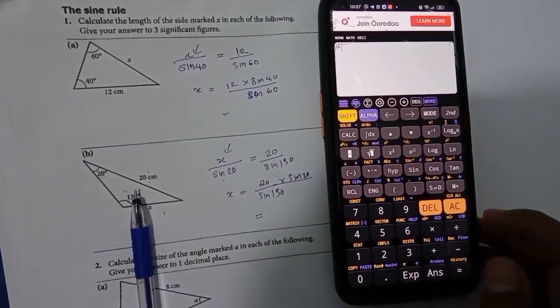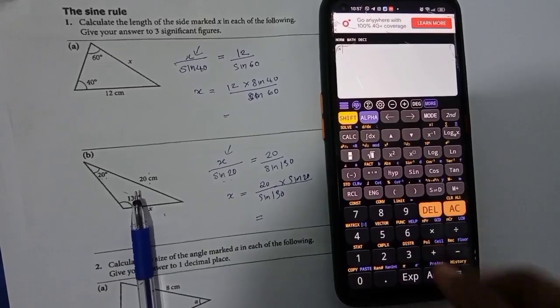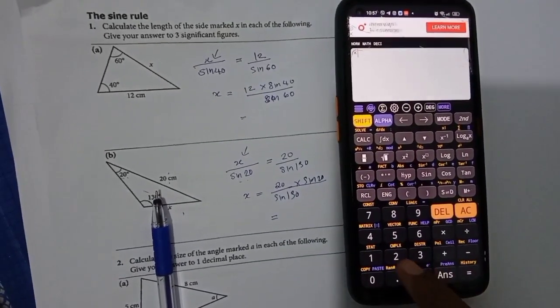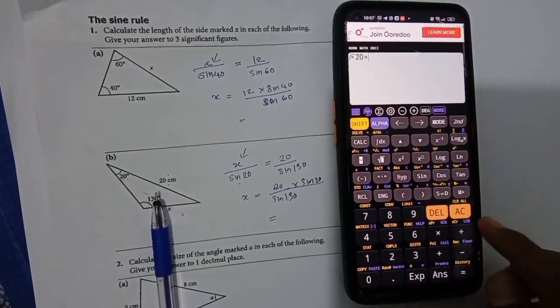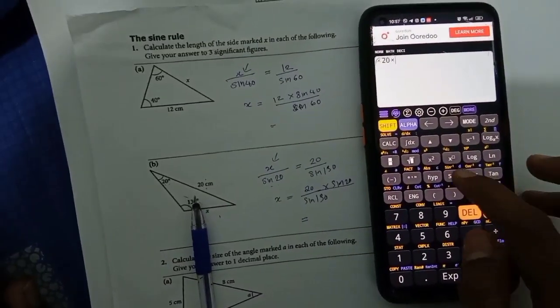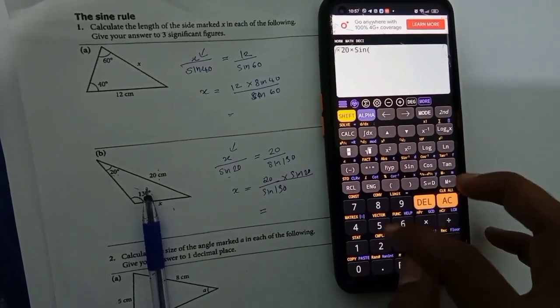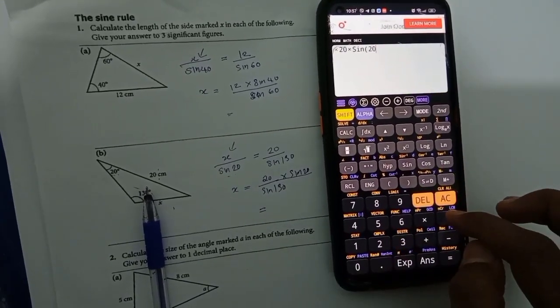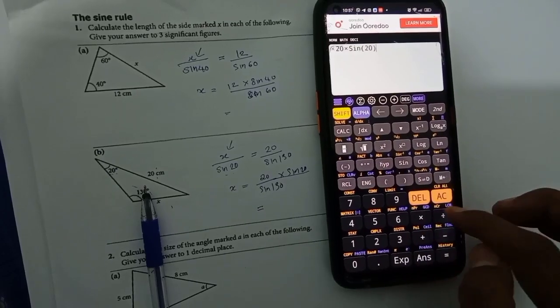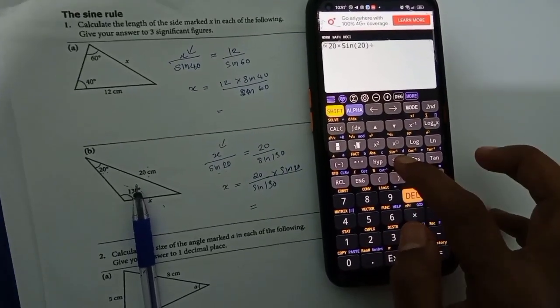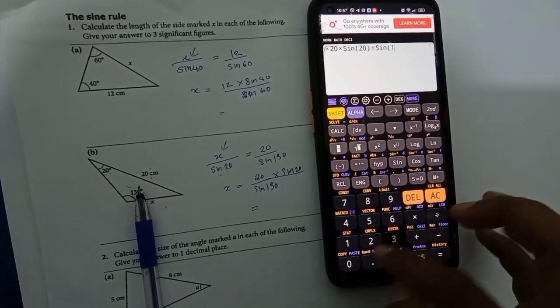You can use a calculator app. Enter 20 into sine 20 divided by sine 130.